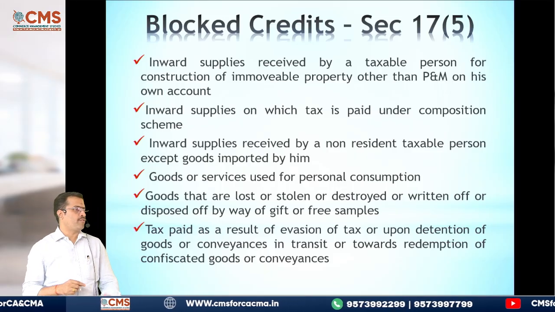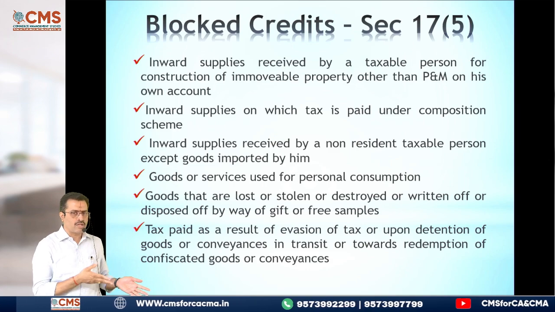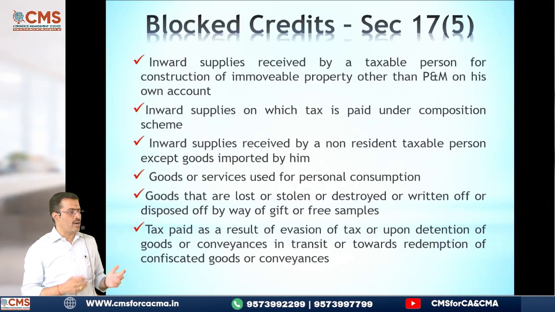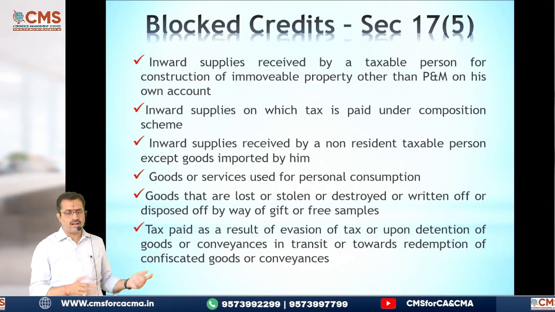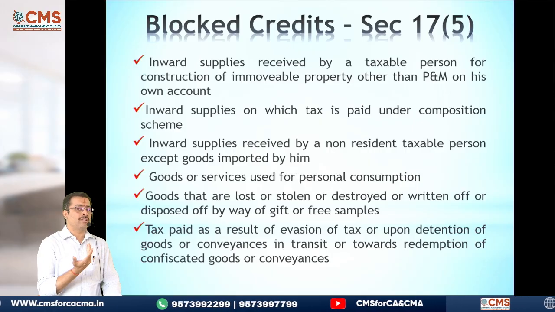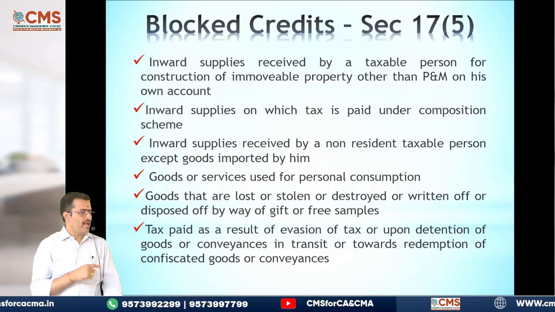Then goods used for personal consumption. Just now we told it should be in the course or furtherance of business. Similarly, goods that are lost, destroyed, stolen, damaged, written off or disposed of by way of gift or free samples also. Since there is no consideration, ITC will not be available.